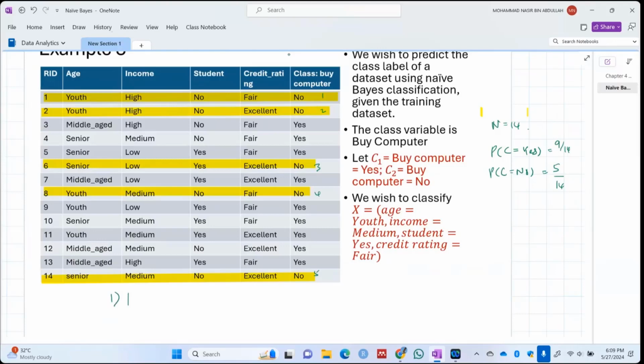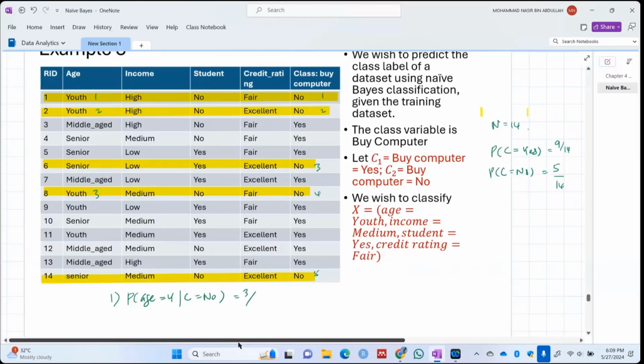So first we find probability of H equal to Y given C equal to no. Can you calculate? So we have 1, 2, 3. Should be 3 over... 3 over what?